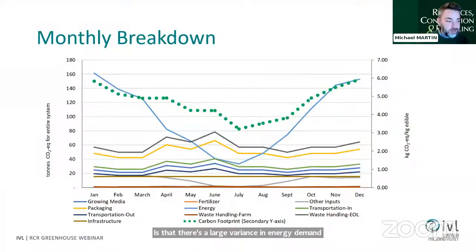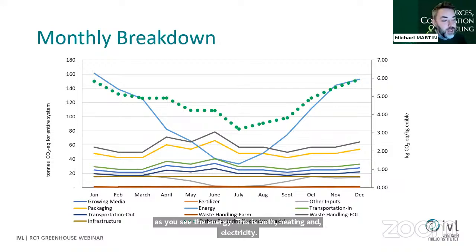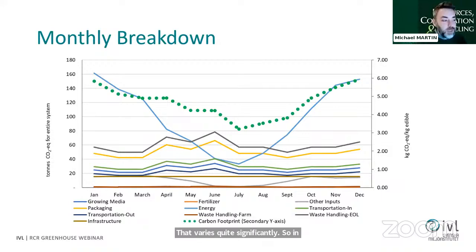So this, for example, is the impacts that you see throughout the year from different processes. And as you see, the energy, this is both heating and electricity, varies quite significantly. So in January and December, the energy demand is quite large, and it actually changes the impact of the product, just because the energy has a large impact on the overall results.